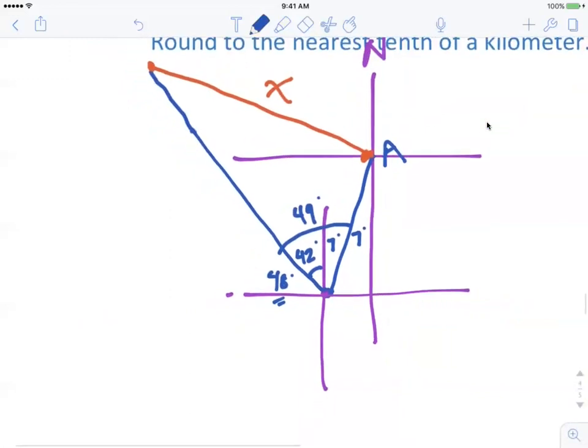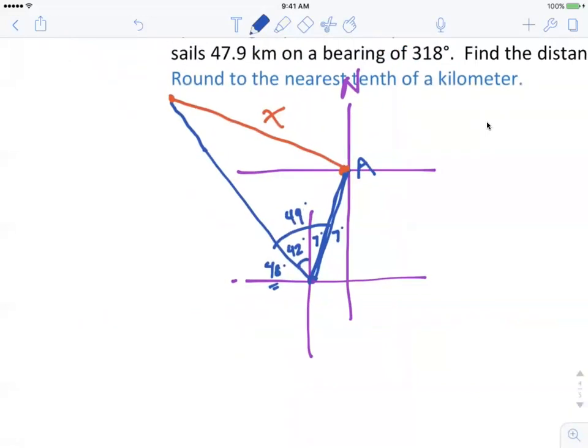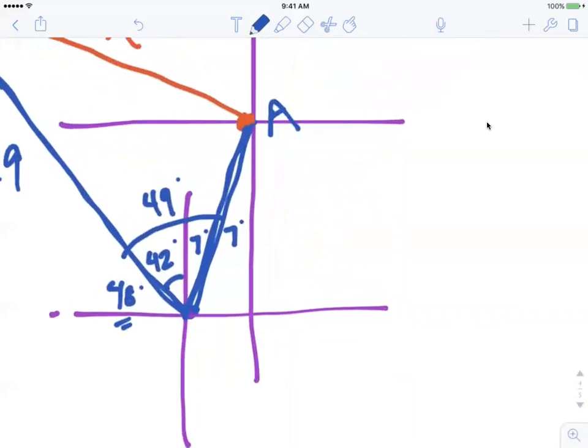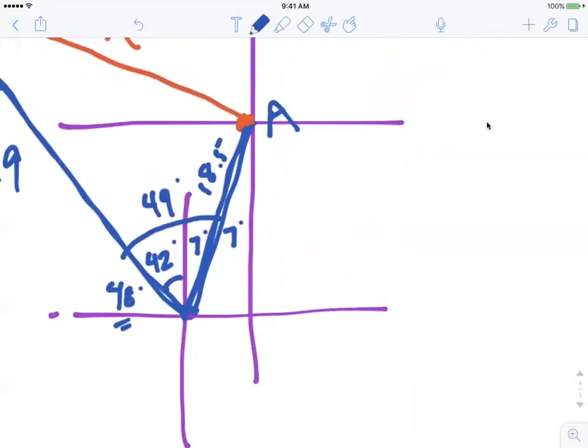Now notice you have side-angle-side, because we know this distance is 18.5, and this longer distance was 47.9. It's hard to write that 18.5, but I'll sneak it in there. So I have side, angle, side.